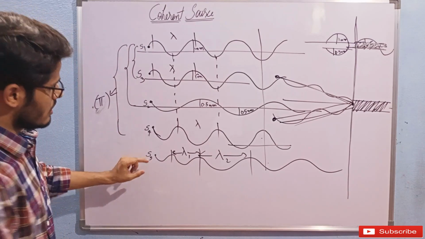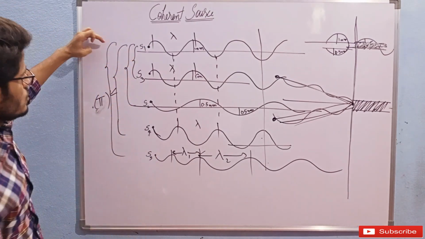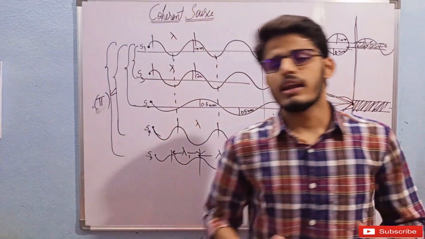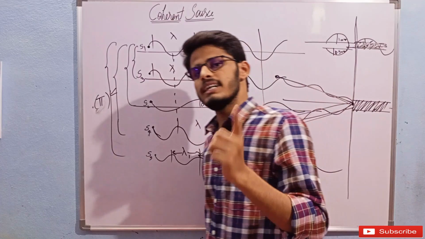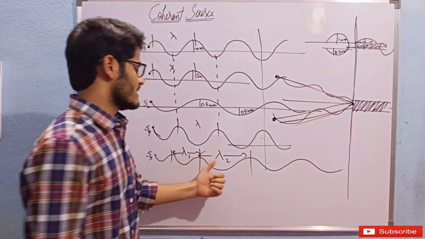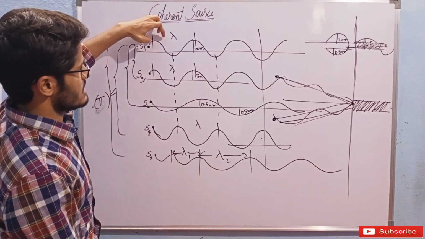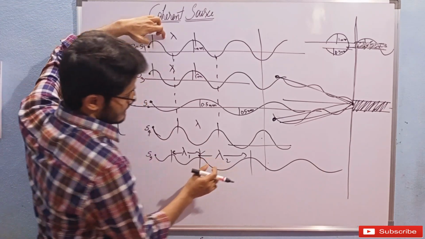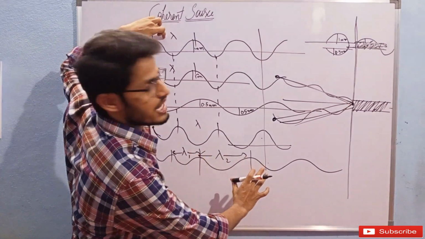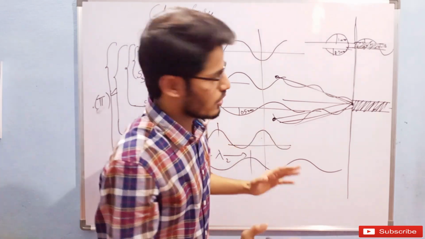So if I compare source number 1 with source number 5, they are not coherent. Because what is the condition for coherence? They should have the same wavelength. This one does not have the same wavelength as this one, and its wavelength keeps changing with time. So that is not allowed. So they are not coherent.